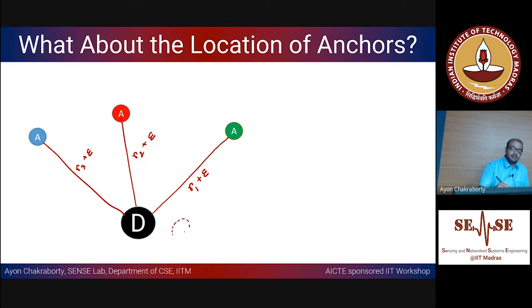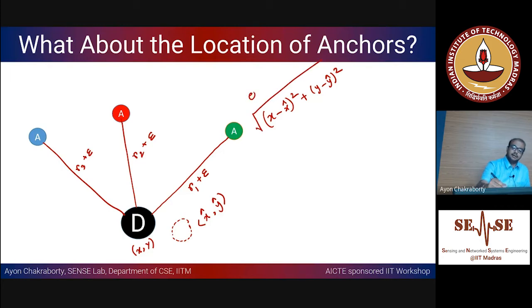So maybe we are saying that this is the location of the device, which is x hat comma y hat, where the true location of the device was x and y. And the error that we were trying to figure out was basically x minus x hat plus y minus y hat. Okay, so this is your error.